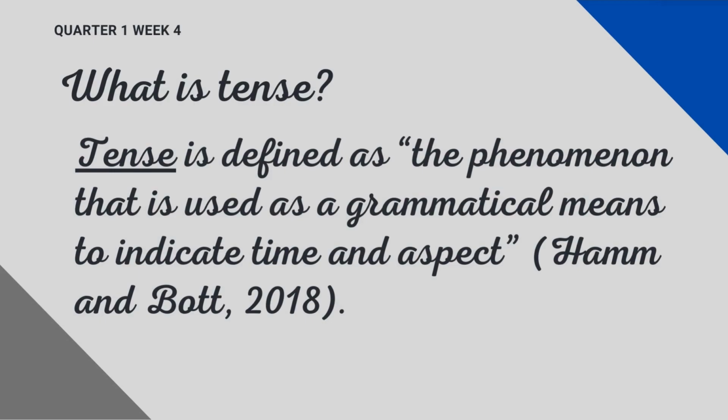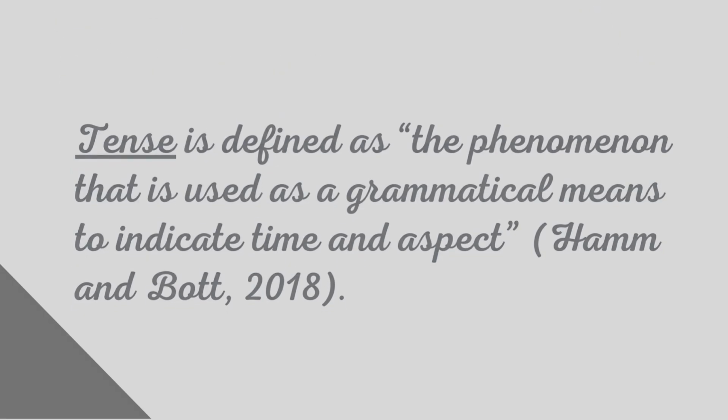Tense is defined as the phenomenon that is used as a grammatical means to indicate time and aspect, based on Hammond-Bolt of 2018. As is stated, time is essential in stating an action, and this action is described using verbs which have various forms of tenses.